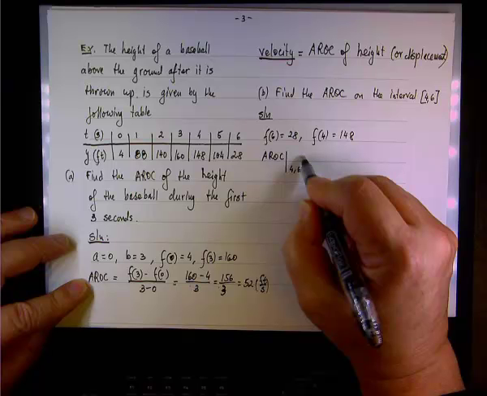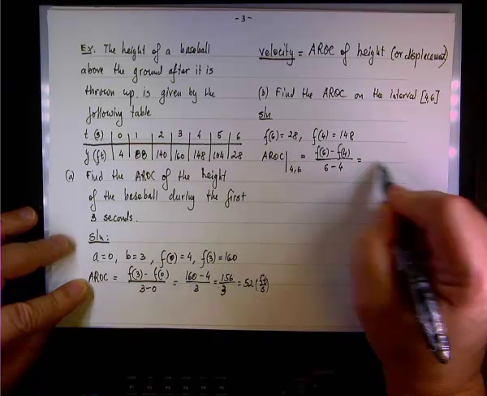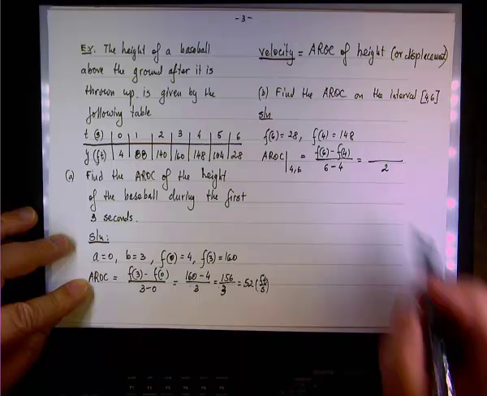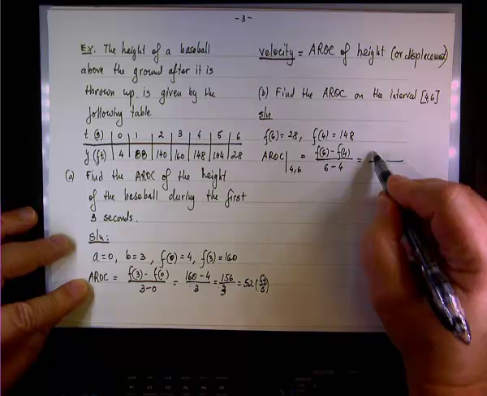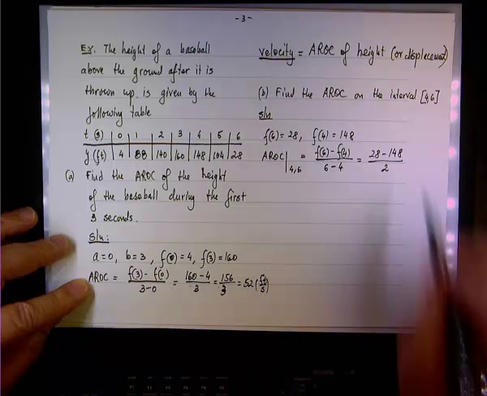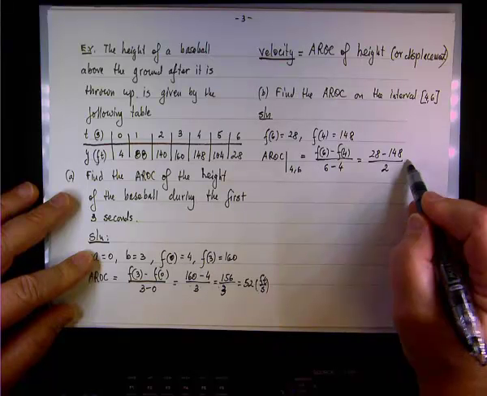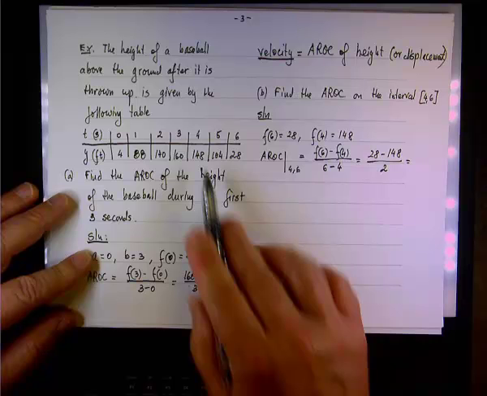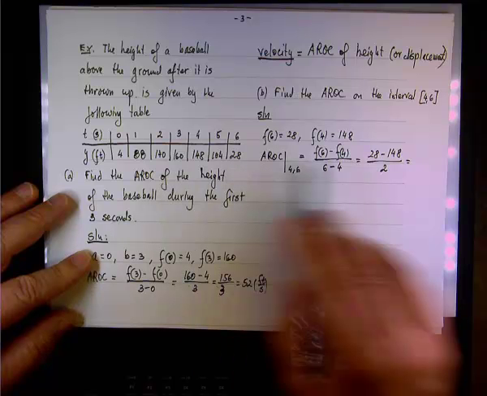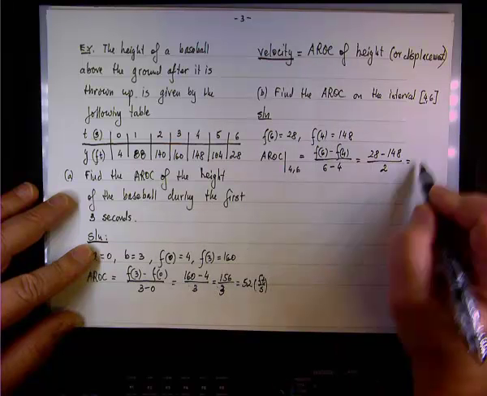I'm setting up first. A lot of people skip this step. You may if you want to, but it's good to keep you on the straight and narrow. And then the difference between 148 and 28 is, I'm sorry, it's 120. So we have negative 120 over 2, and the result is negative 60 feet per second.